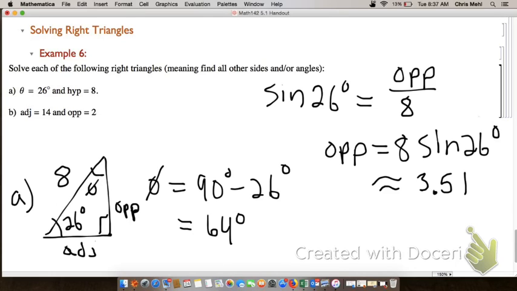And if I want to find the length of the adjacent side, I can apply cosine to that 26-degree angle to get adjacent over 8.